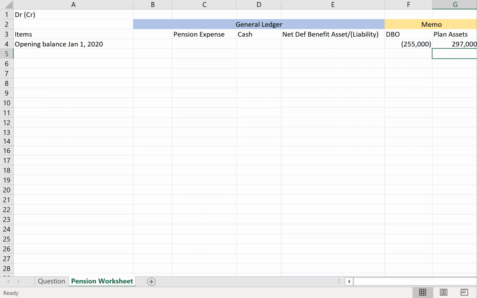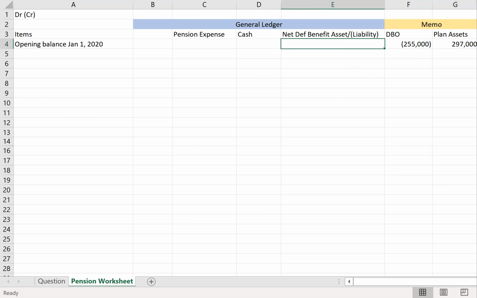Now, we're not given the opening balance for the net defined benefit asset or liability, which is what the company would have recorded on the opening balance. But we know that the difference between the defined benefit obligation and the plan assets is what the company needs to record. So does this plan have a deficit or a surplus on January 1st, 2020? Well, they have a benefit obligation of $255,000 and they have plan assets of $297,000.